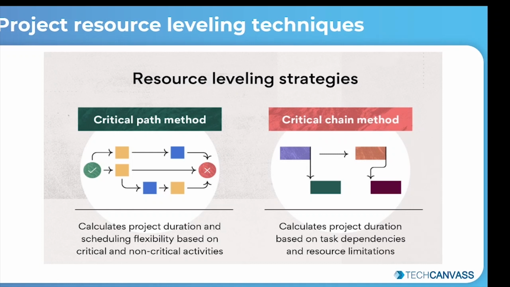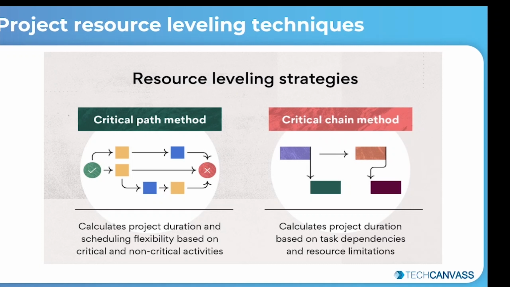This technique involves linking dependent project activities in a logical sequence in order to calculate the earliest and the latest possible dates that each activity can start and finish by. The critical path refers to the sequence of tasks with the longest duration that needs to be completed in order to successfully close out a project.